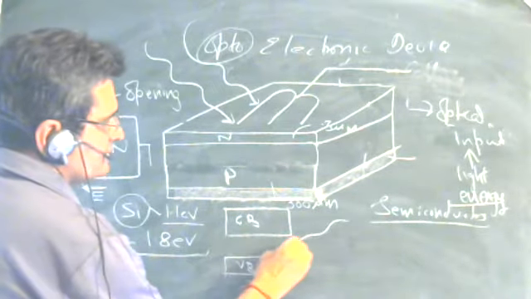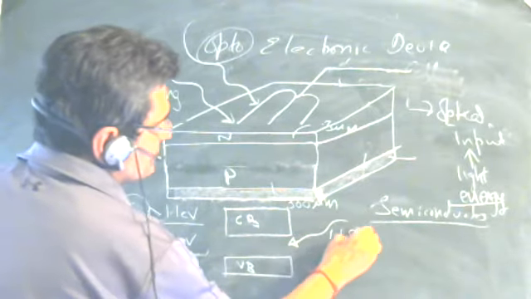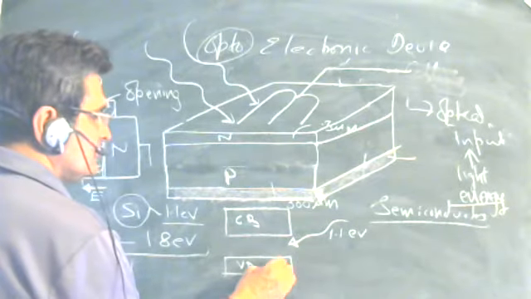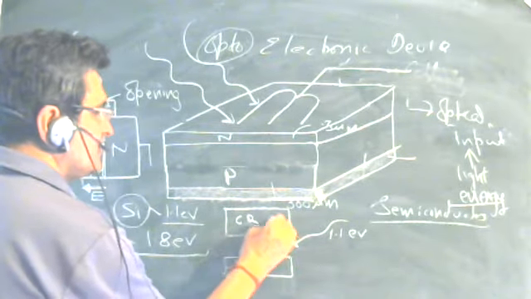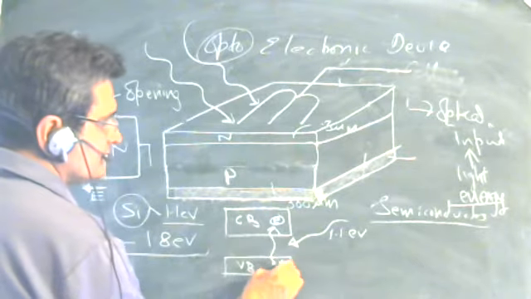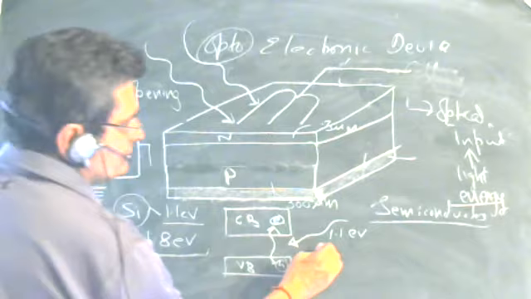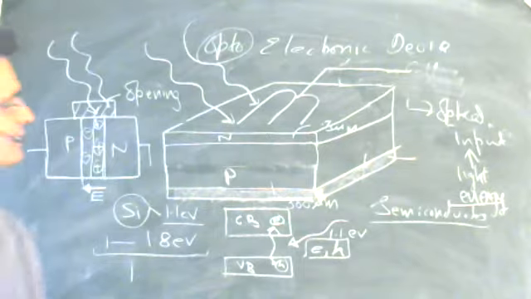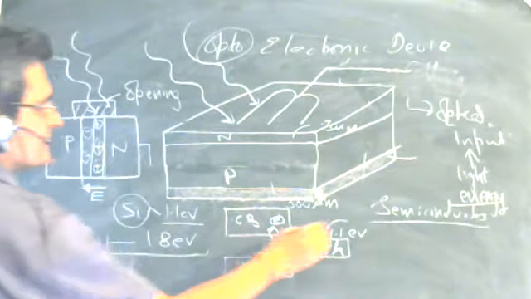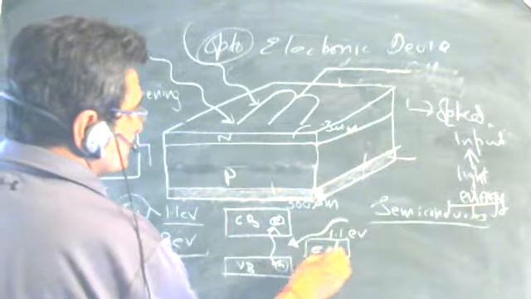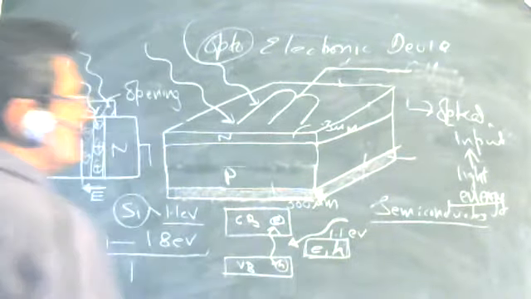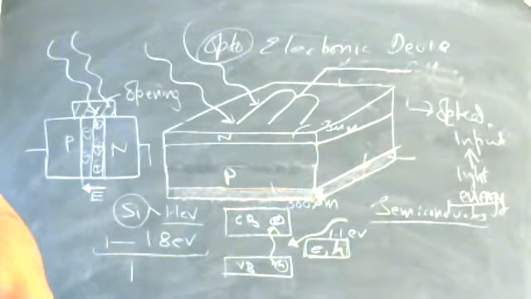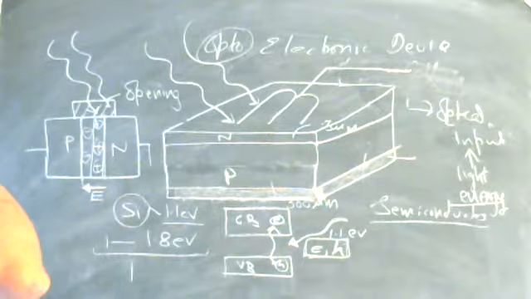A photon which has energy of more than 1.1 electron volt can easily excite an electron from the valence band and it goes to the conduction band. So a hole and an electron are created. So you have EH pairs in the silicon crystal, and when the photons are falling on it, EH pairs are generated. In any semiconductor, in the doped semiconductor also, the EH pairs are constantly generated and destroyed.